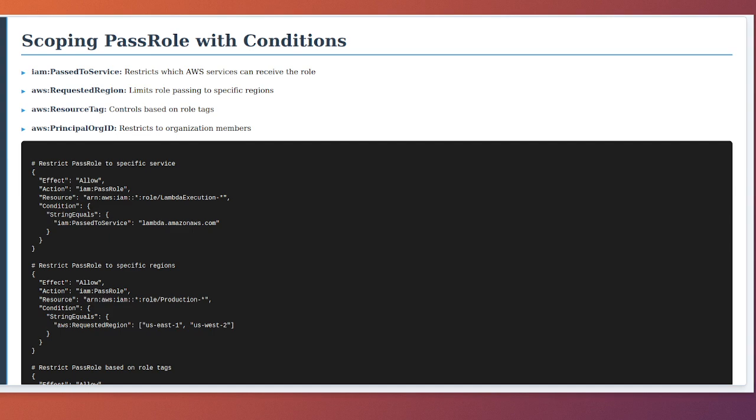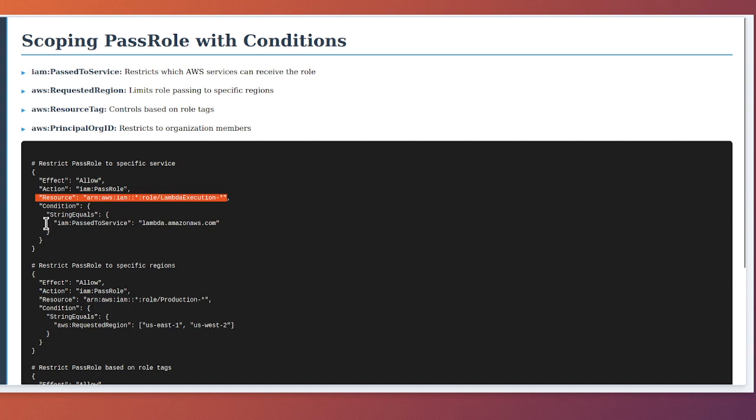Looking at the first code example on the slide, we see how to restrict pass role to a specific service. The policy statement includes action set to iam:PassRole, and resource set to arn:aws:iam::*:role/lambda-execution-*, which uses a wildcard to match any role starting with lambda-execution-.